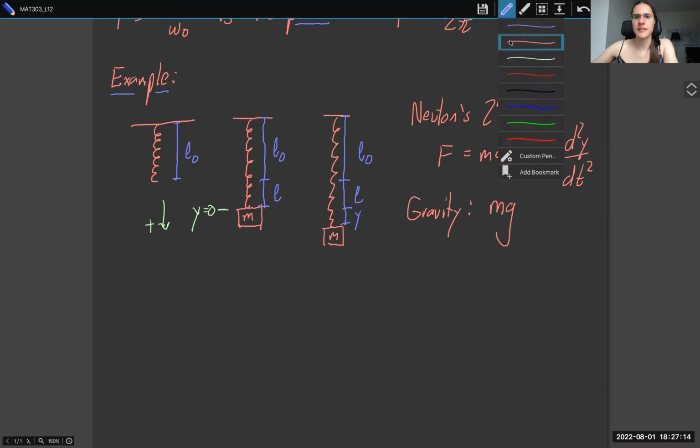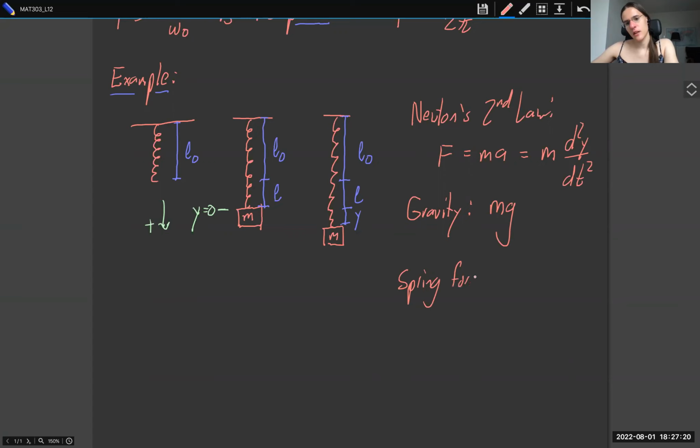And then we have the spring force, which depends on the displacement. The spring force is proportional to how much it's displaced. In this case, it'll be in the opposite direction of displacement, so it'll be negative. Then there's a spring coefficient, usually denoted by K, times the displacement.